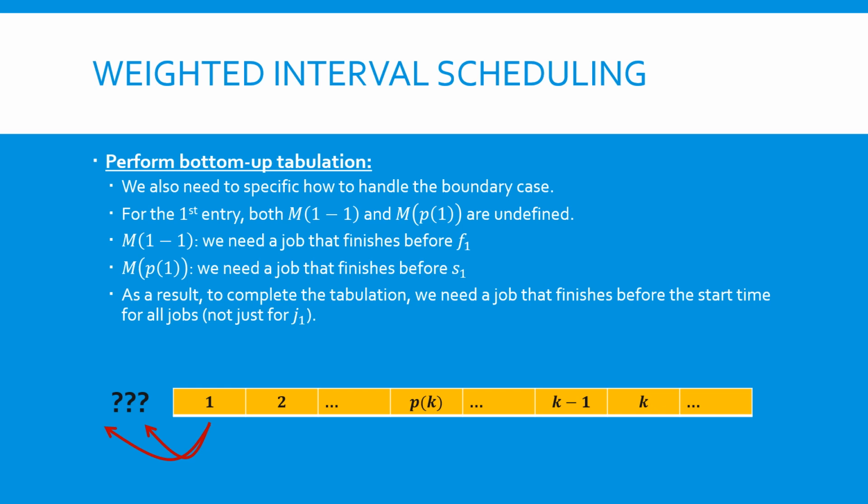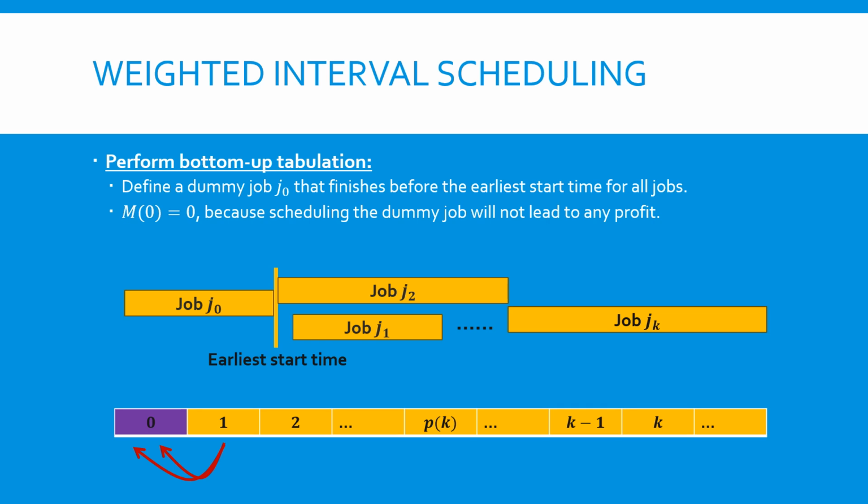Besides M1, all subproblems need to have their dependent subproblems well defined. Hence, to satisfy the needs of all subproblems, we create a dummy job that finishes before the earliest start time among all jobs. Specifically, let the dummy job be J0, which finishes before the earliest start time among all jobs.